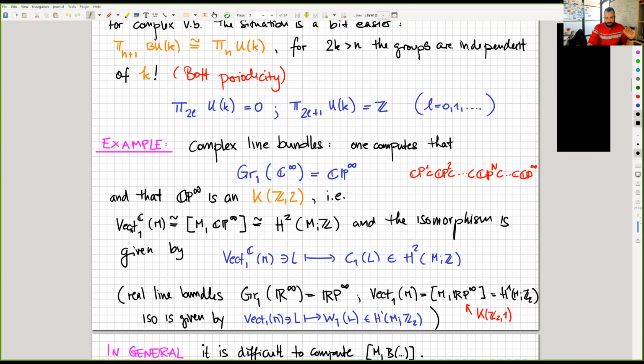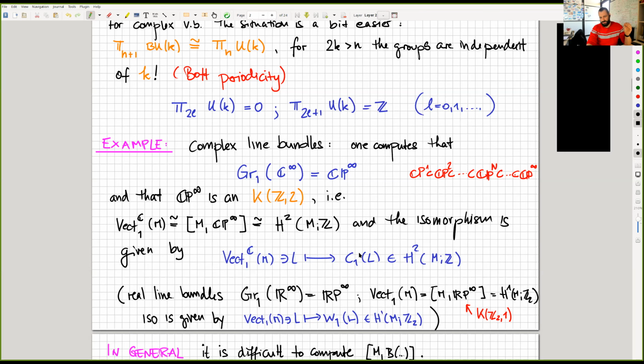And then if you plug it into your bijection between vector bundles and homotopy theory, whenever you have an Eilenberg-MacLane space K, let's say KZN, and you plug it in here, you always get the corresponding cohomology groups with Z coefficients. In that case, you get the second cohomology group with Z coefficients. And you know a little bit more: if you take a line bundle over a manifold, this isomorphism is given by mapping L to its first Chern class in H2.